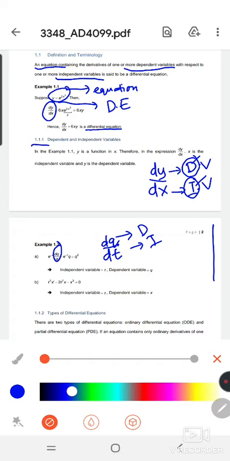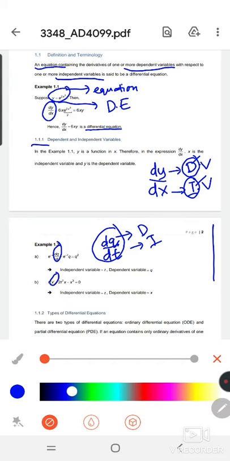Same with this one: t^3 x prime minus 2t^2 x minus x^3. If they give it in prime notation, this one is given in dQ dt form. When given in this form, it is easy to see, because Q is on top and t is at the bottom. So directly we can see Q is the dependent variable and t is the independent variable.